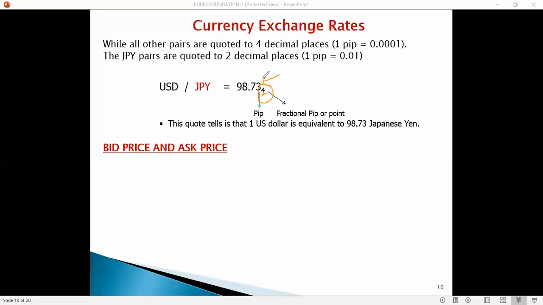You need to know what moves and what changes the pips. But in a real exchange, you will say 1 US dollar is equivalent to 98.73, neglecting the fractional pips or points. I hope this is clear, guys.